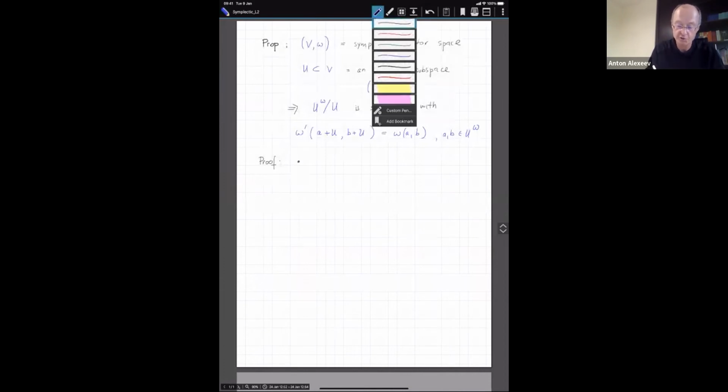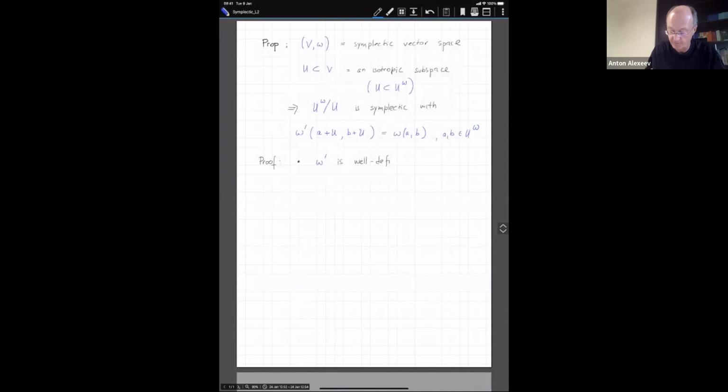First of all, one should convince oneself that omega prime is well defined, right? So I define it using omega. Omega is defined on the space V. We can, of course, restrict it to U omega, but we don't know whether it's well defined, because now we want to define it on the classes in the quotient space.